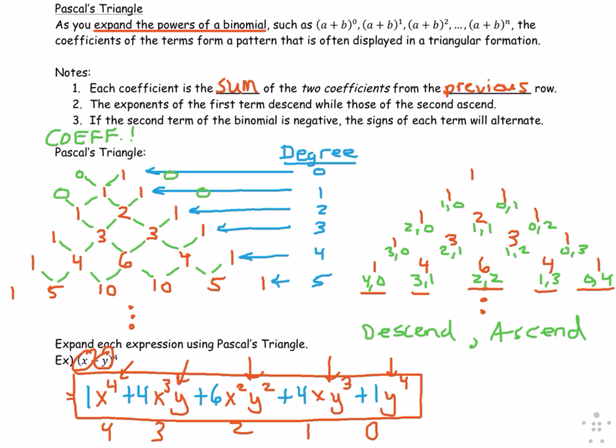And then the second term ascends. 0, 1, 2, 3, 4. And lastly, because they are seesawing past one another, they're inversely related, their sum must always equal the degree of 4.